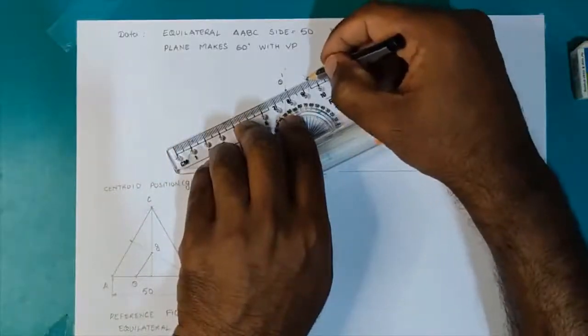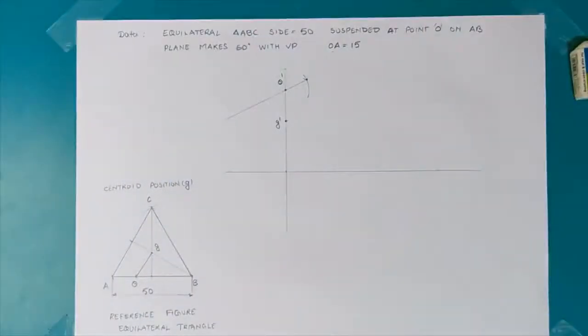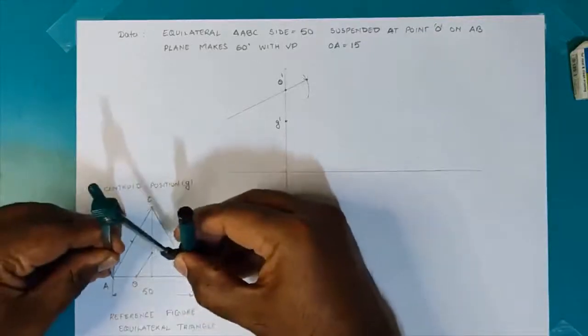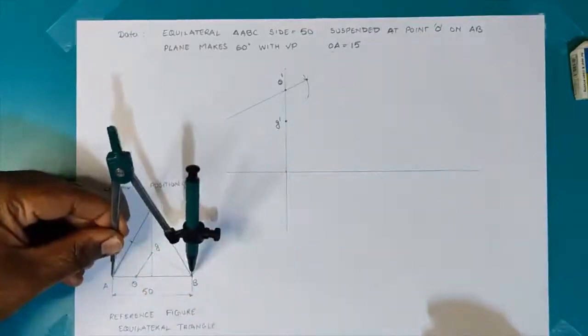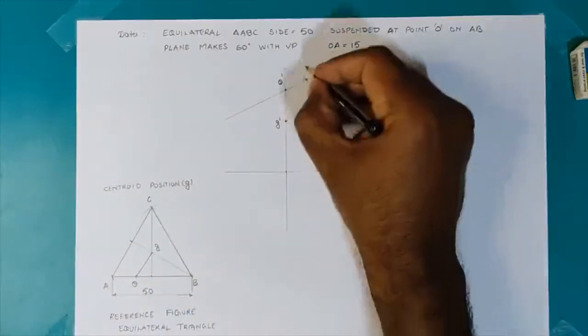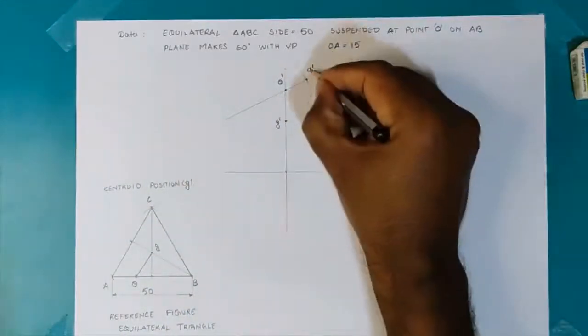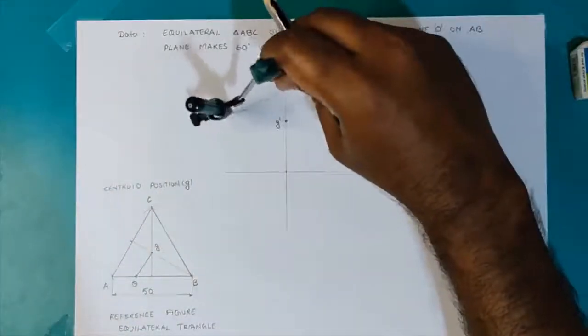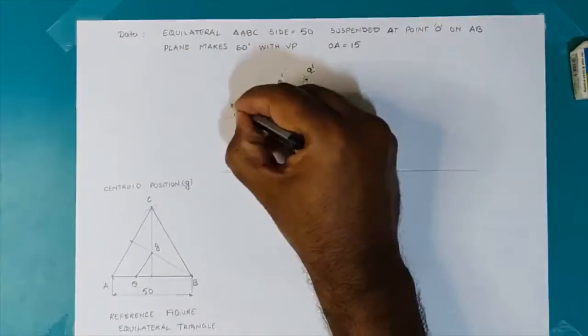I join A dash with O and extend it, on which I'll be finding point B. So this is A dash. I'll take the distance A to B, keep it on A dash and find point B dash.